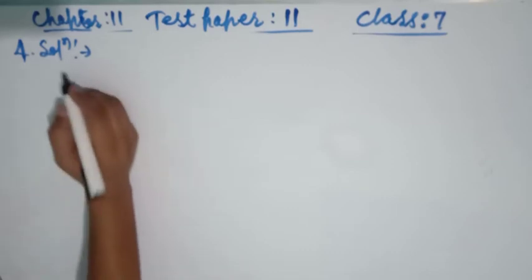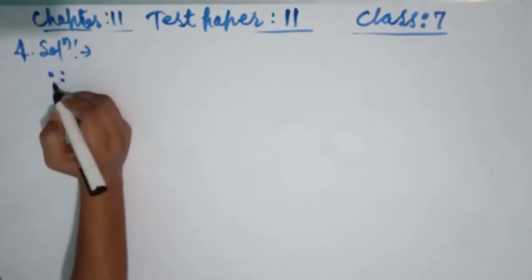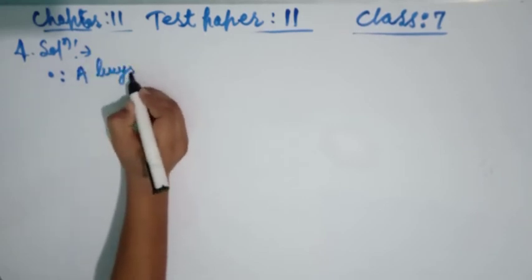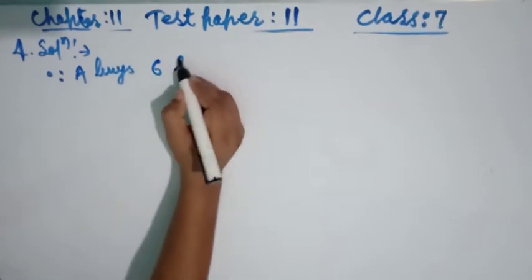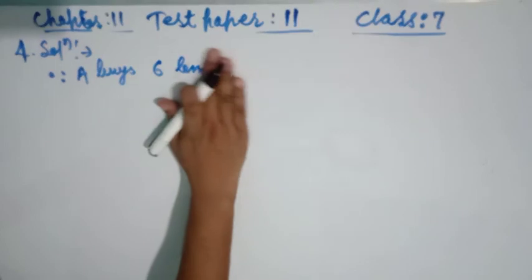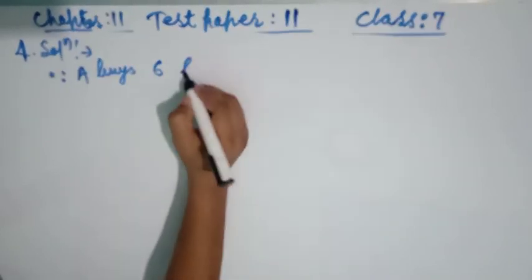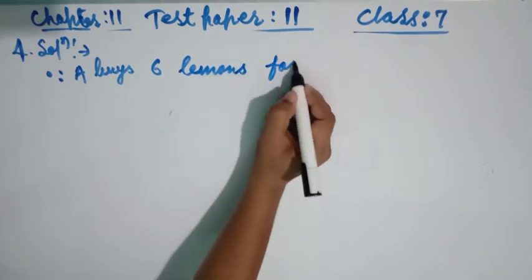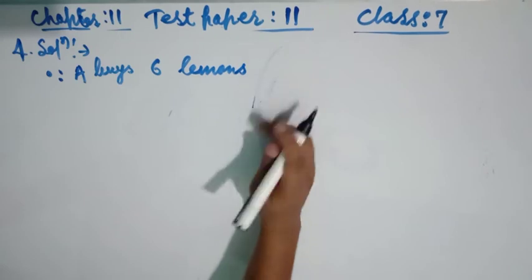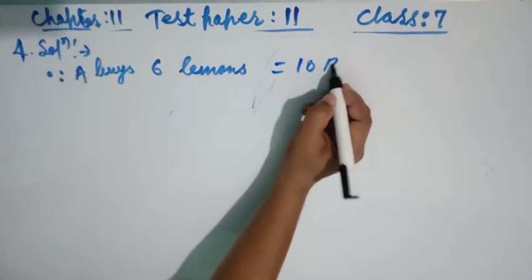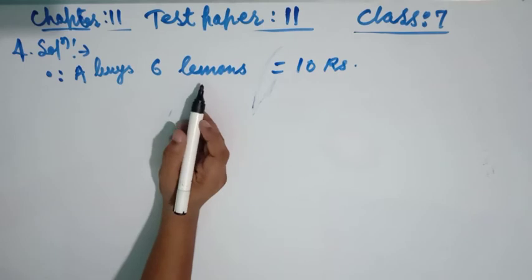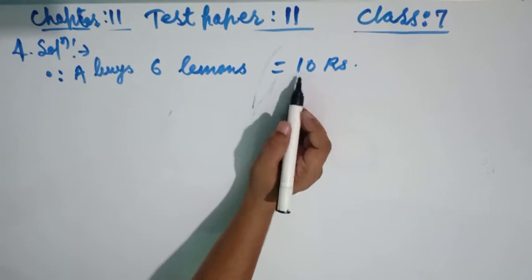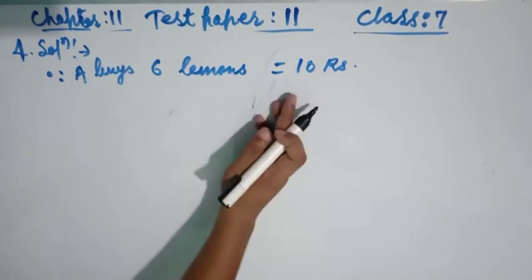Since the first is given, a man buys 6 lemons for 10 rupees. That means for 10 rupees a man buys 6 lemons.